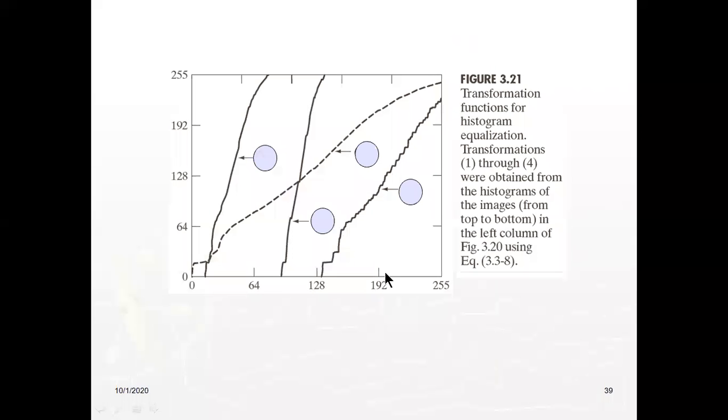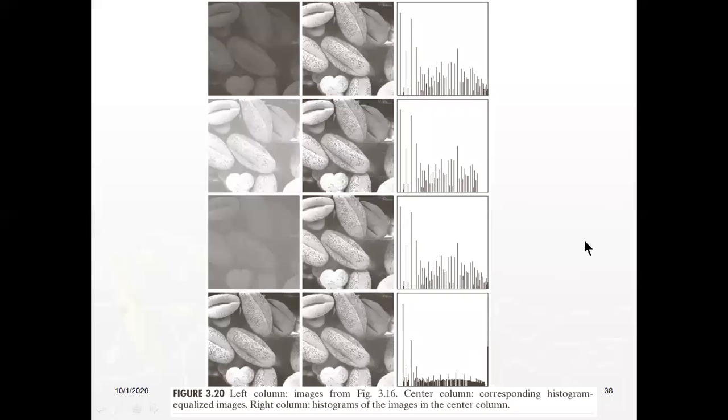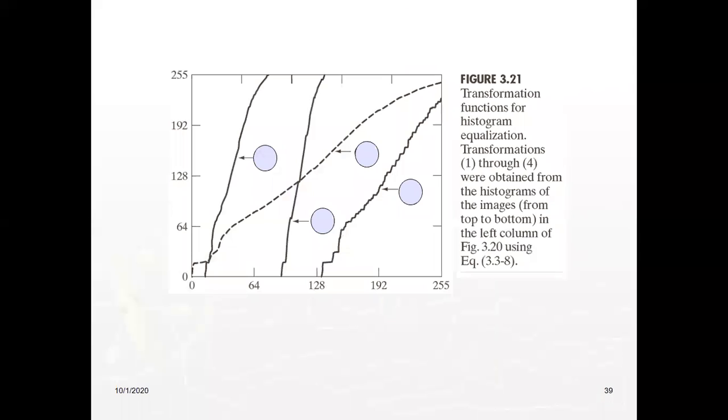For the transformation function for histogram equalization, 1 through 4 were obtained from the histogram of images from top to bottom. That means whatever we have written in the 4 figures over here, in the left column of figure 3.20, using equation 3.38. So 4 different ones are given over here.